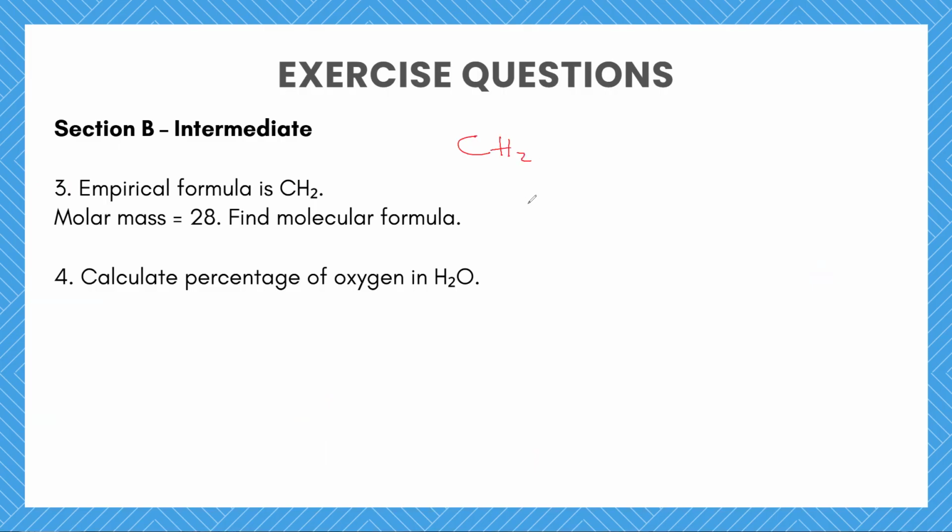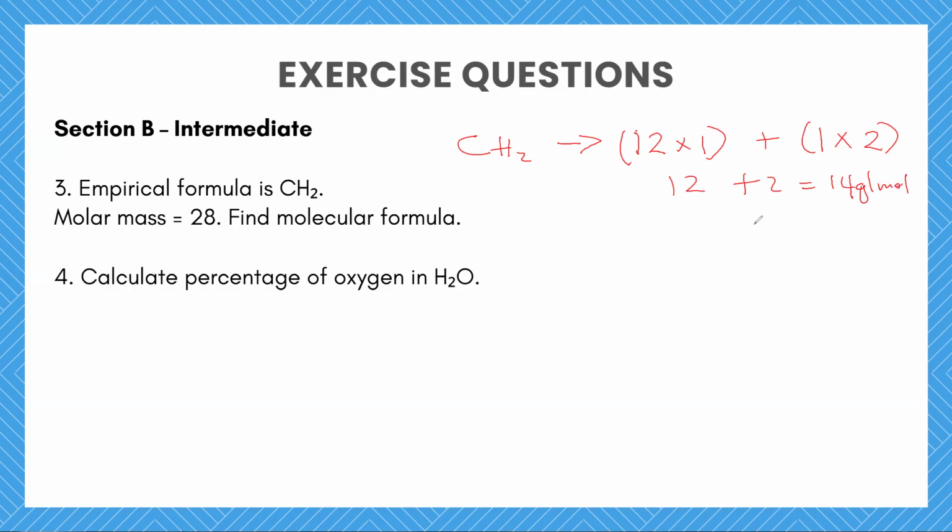Step number two would be to calculate the mass of the empirical formula. CH2 leaves us with adding the atomic masses of the individual elements. We have carbon, which is 12, multiplied by 1 because it appears only once. And we have hydrogen, which is 1 multiplied by 2 because it appears 2 times in the empirical formula. So altogether, we have 12 plus 2, which is 14 grams per mole.